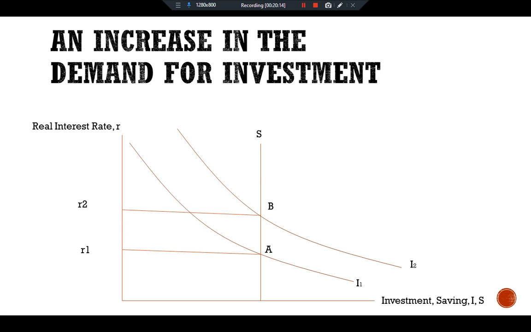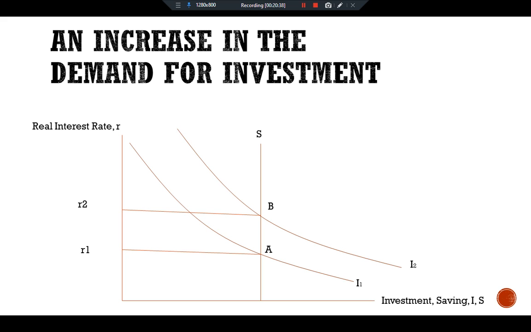We could reach a different conclusion, however, if we modify our simple consumption function and allow consumption to depend on the interest rate. Because the interest rate is the return to saving, a higher interest rate might reduce consumption and increase saving. If so, the saving schedule would be upward sloping rather than vertical.